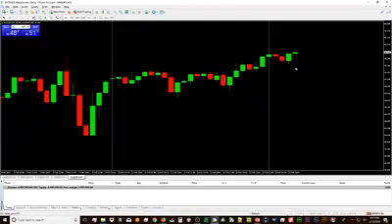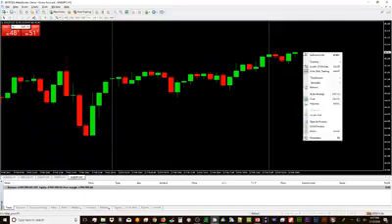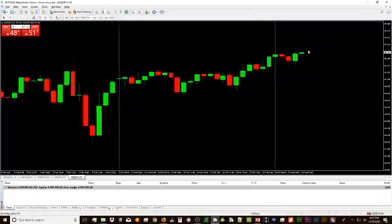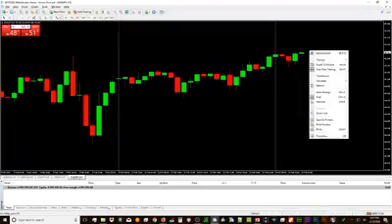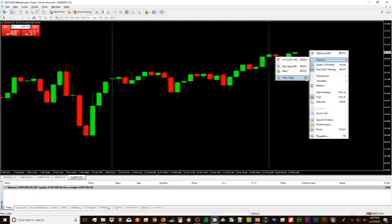To set up your pending orders, you can do it several different ways. I'll show it to you. You right click on your chart and go down to trading, and then you can do new order, or you can hit the F9 key on your keyboard.